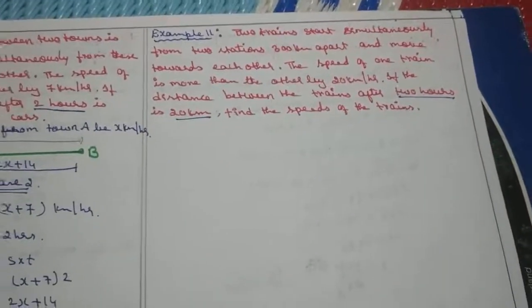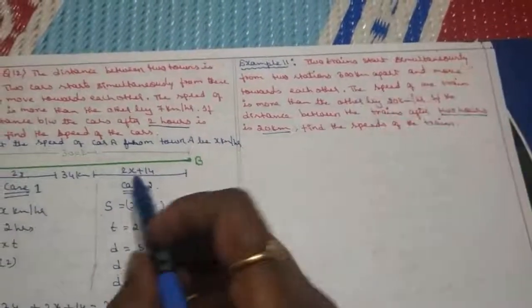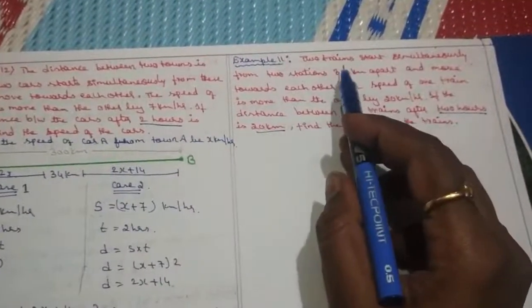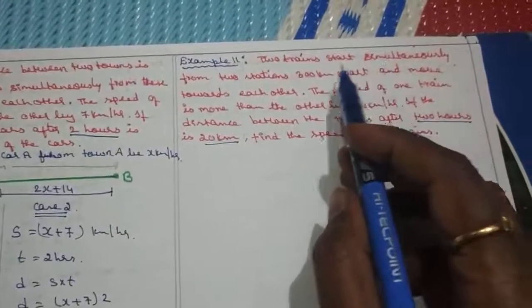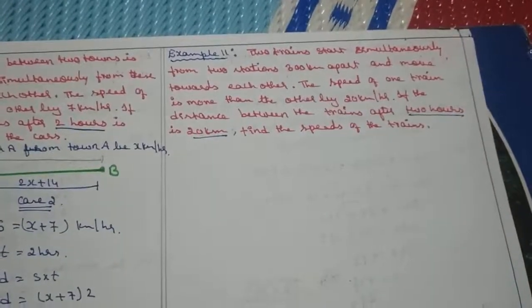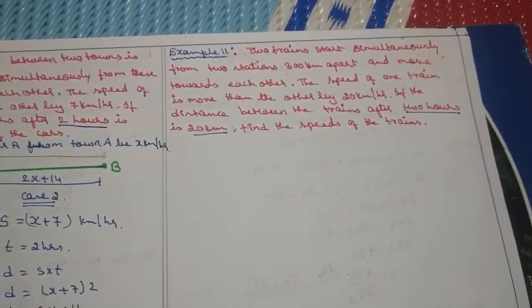This is the same as the previous question we have done, children, but here two trains are given, and they start simultaneously from two stations 300 kilometer apart.